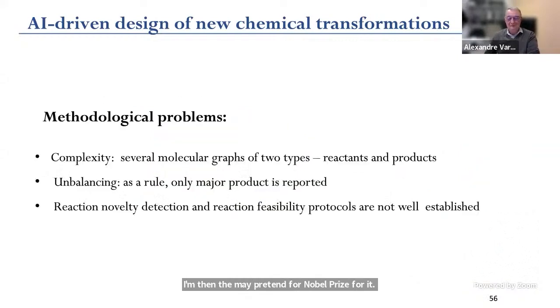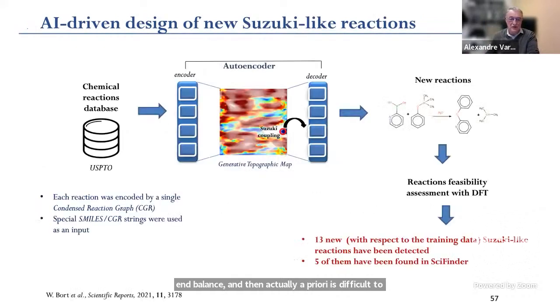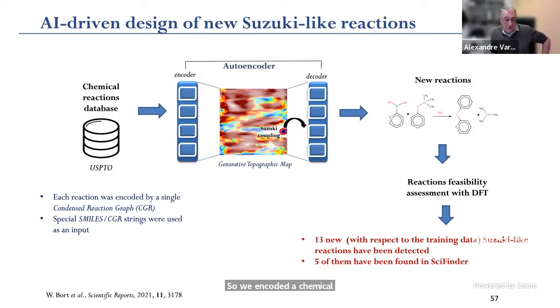Anyway, chemical reactions are a difficult object because they involve many molecular graphs, and they are unbalanced, so a priori it's difficult to detect a novel type of transformation. We solved all these problems. We encoded chemical reactions by a single graph, which we called the condensed graph of reaction.